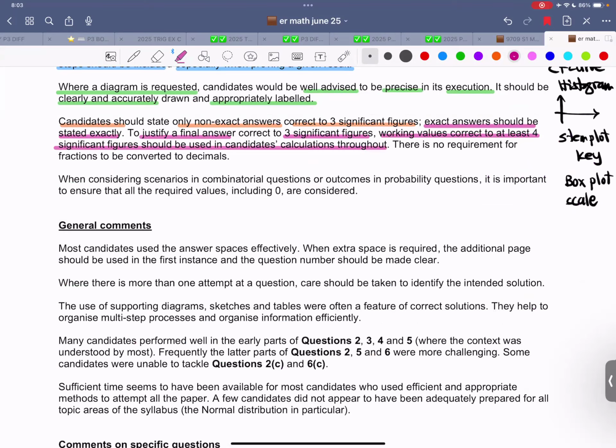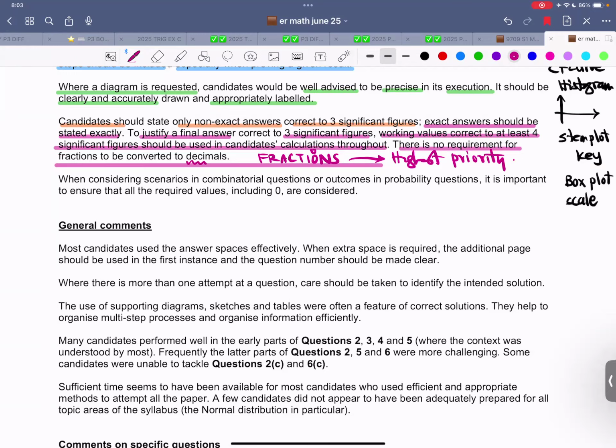There is no requirement for fractions to be converted to decimals. Why? Because fractions are exact, fractions are beautiful, fractions are supreme. So fractions are the highest priority wherever possible, and of course they should not be changed to lowly decimals. Keep that in mind.